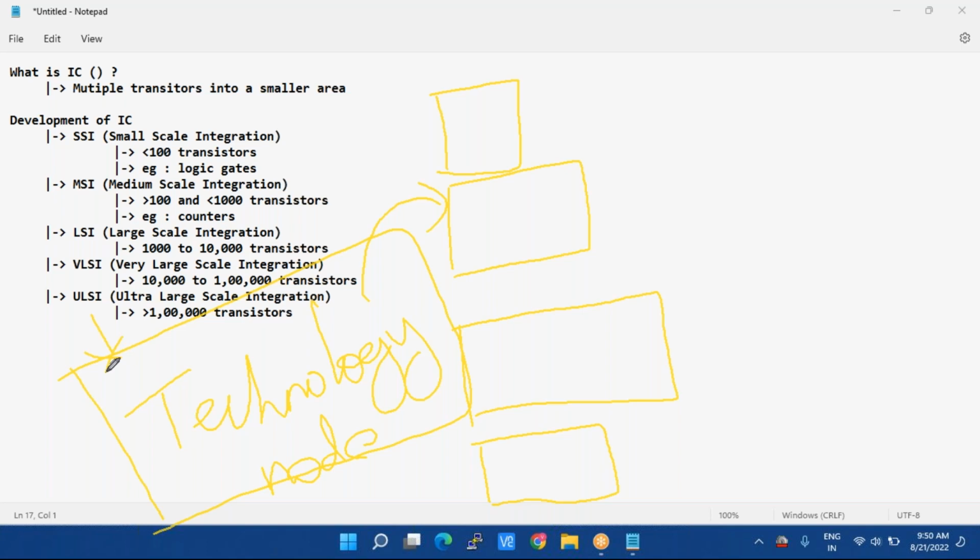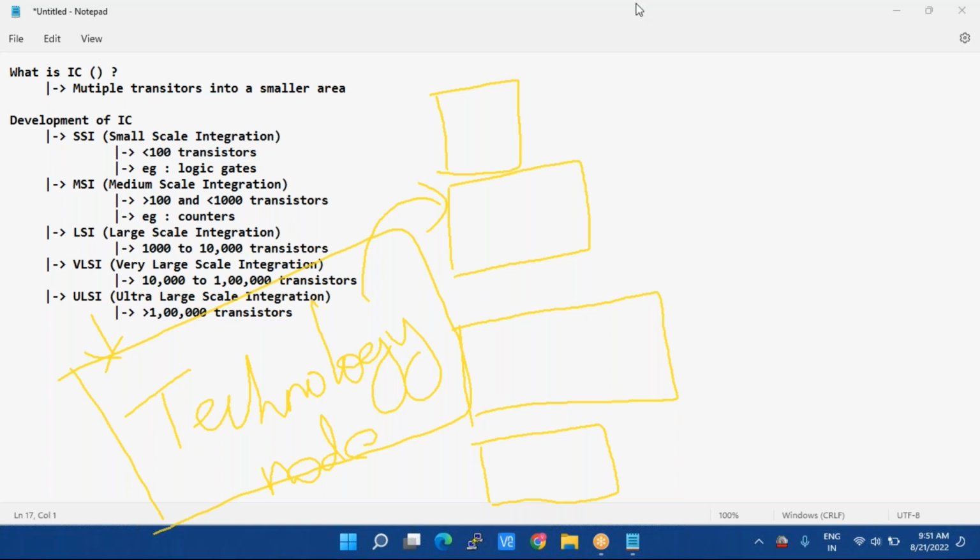The lower the technology node, the smaller the area. And also the amount of circuit which you want to implement. If it's a processor, yes, it's going to take more area, and if it's a single gate, less area. Based on the transistor count, there will be only a slight increase in the area, not huge.